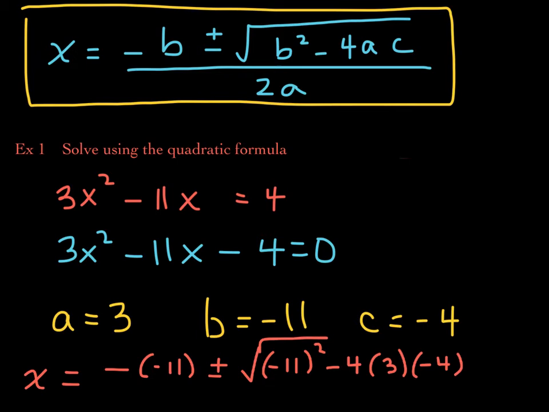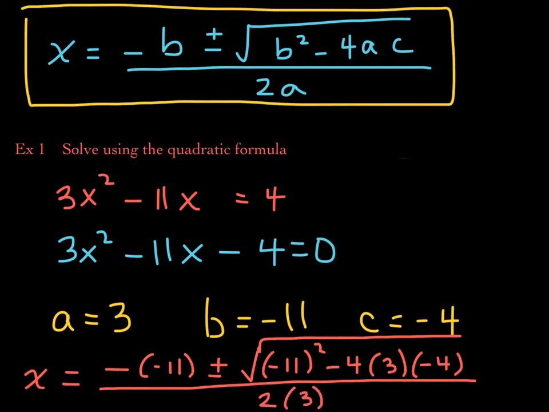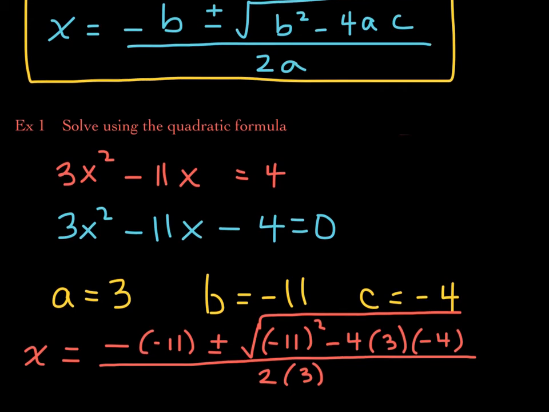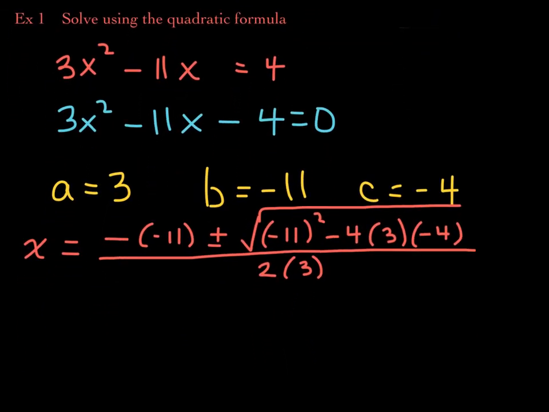Now, please don't forget that this is all over, that's very important, 2 times a. That was me basically just plugging in my a, b, and c values into this formula very, very carefully, okay? It's very important that you're careful with your signs here.